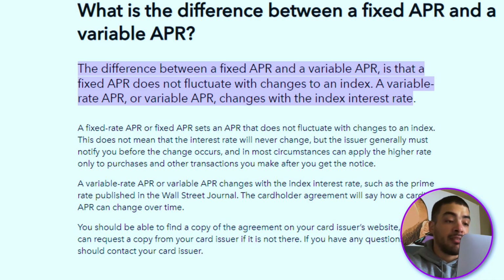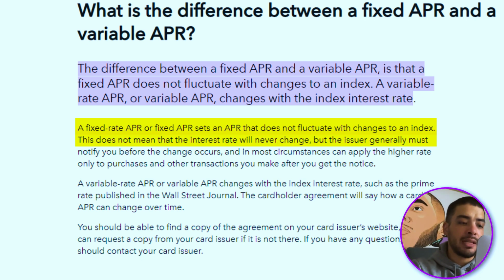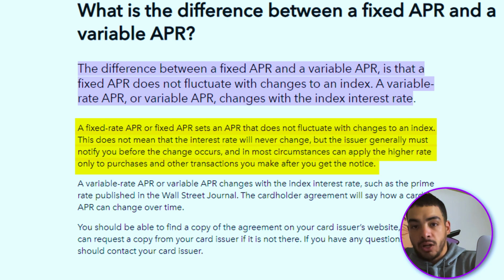It says right here, a fixed rate APR sets an APR that does not fluctuate with changes to an index. What's an index? It's just something that tracks the market, and you're going to see more specifically a little later on in this video. This does not mean that the interest rate will never change, but the issuer generally must notify you before the change occurs, and in most circumstances can apply the higher rate only to purchases and other transactions that you make after you get the notice.